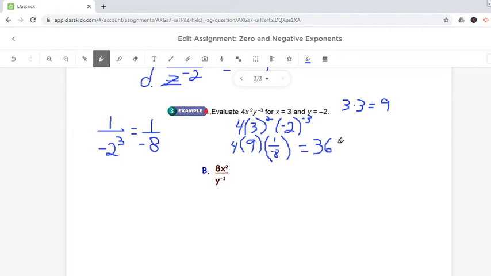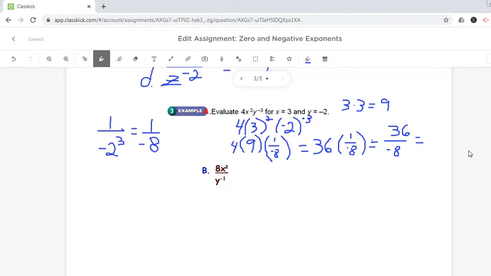So it's 36 times 1 over negative 8, and that's the same as saying 36 divided by negative 8.